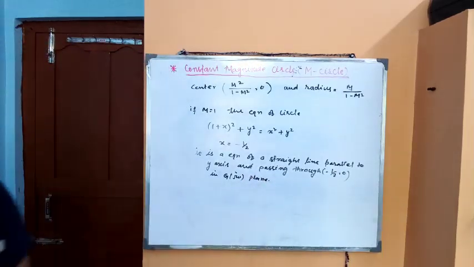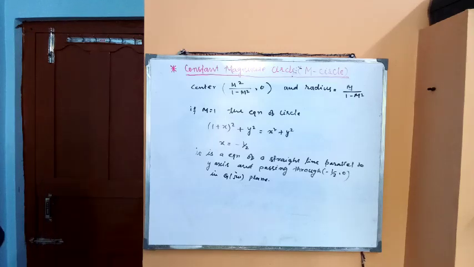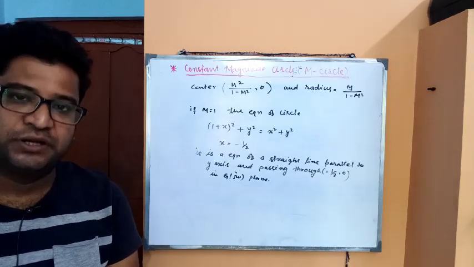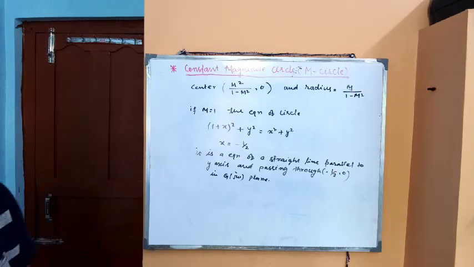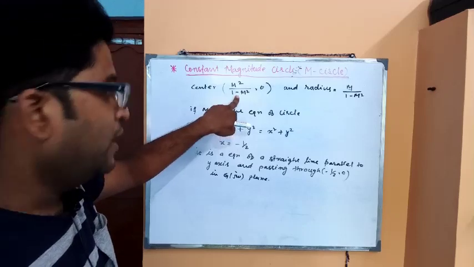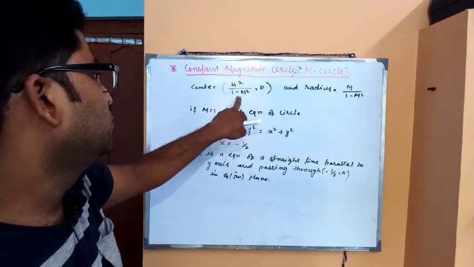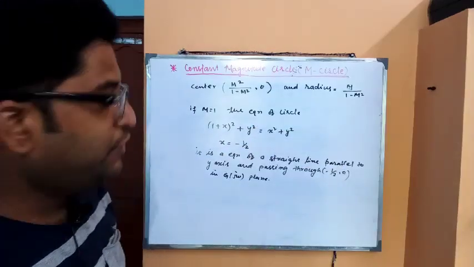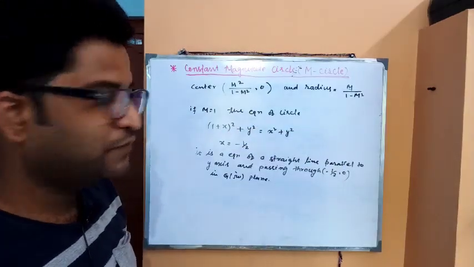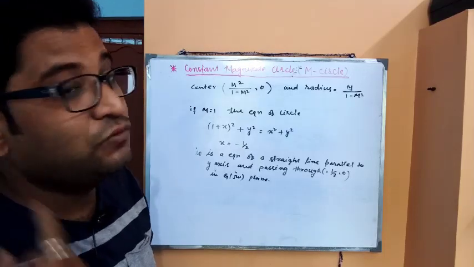Okay, now we need to draw the M circle or magnitude circle. For drawing the M circle, as we got the value of center and the radius, we need to calculate these values for different values of m.